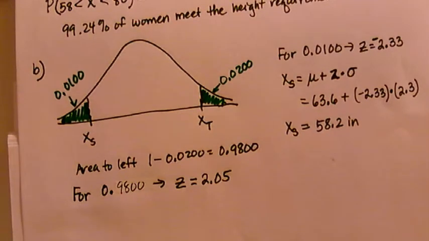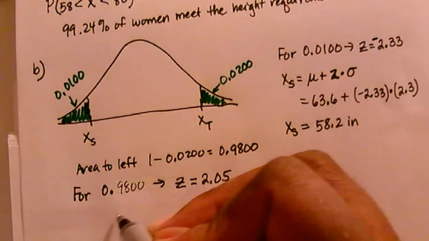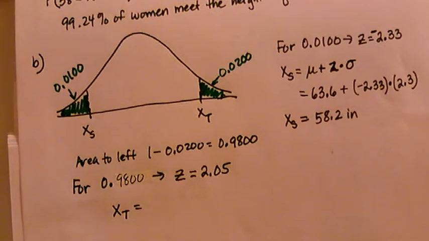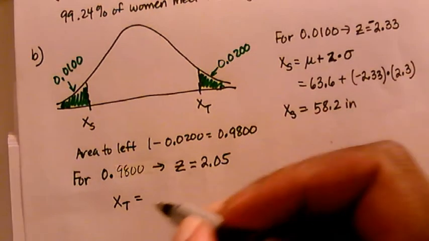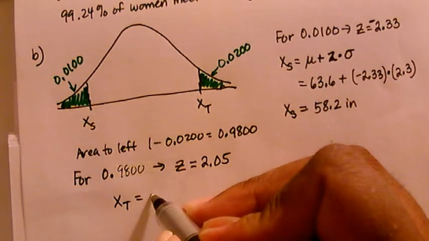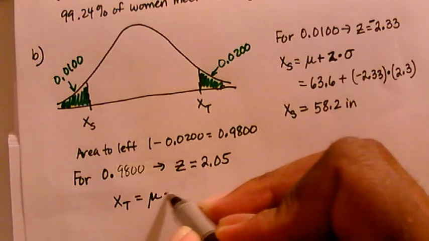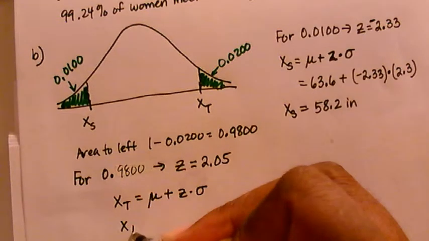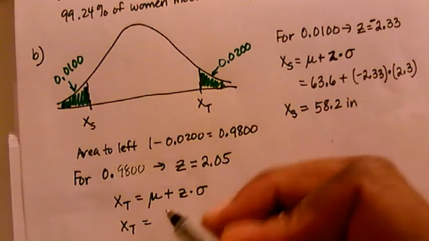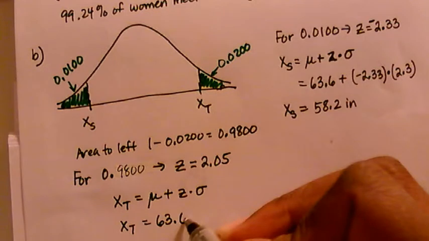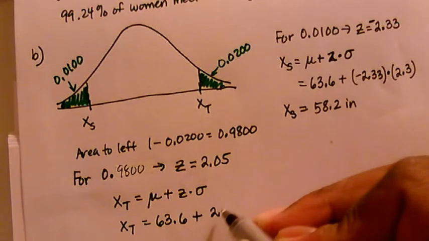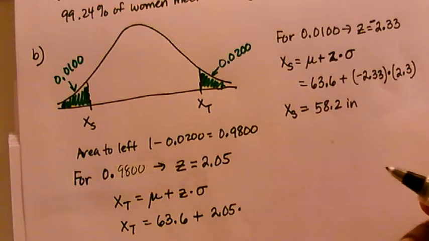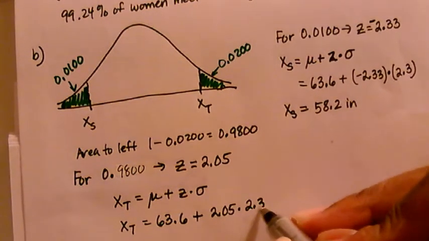And now we use that 2.05 to find x, the height of the tallest person. That's mu plus z times sigma, which is 63.6 plus 2.05 times 2.3.